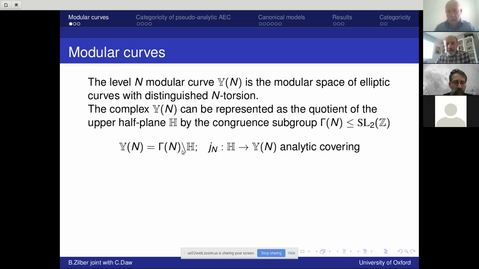You quotient the upper half plane, as an analytic complex manifold, by this discrete subgroup, and you have a certain complex manifold, and this complex manifold can be realized as an algebraic curve.